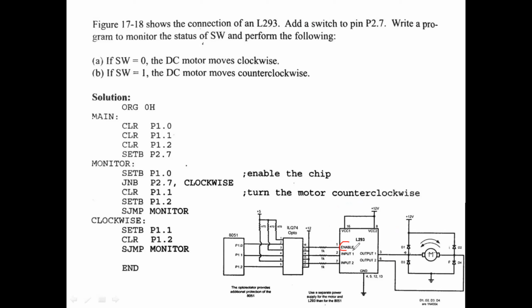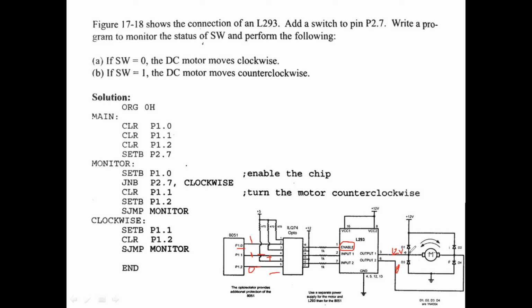To enable the driver, you must set this particular pin to 1. For the clockwise direction, these two pins act as a polarity, that is plus and minus, for example. If it is 1, 0, then approximately it will be 12 volt here and 0 volt here.